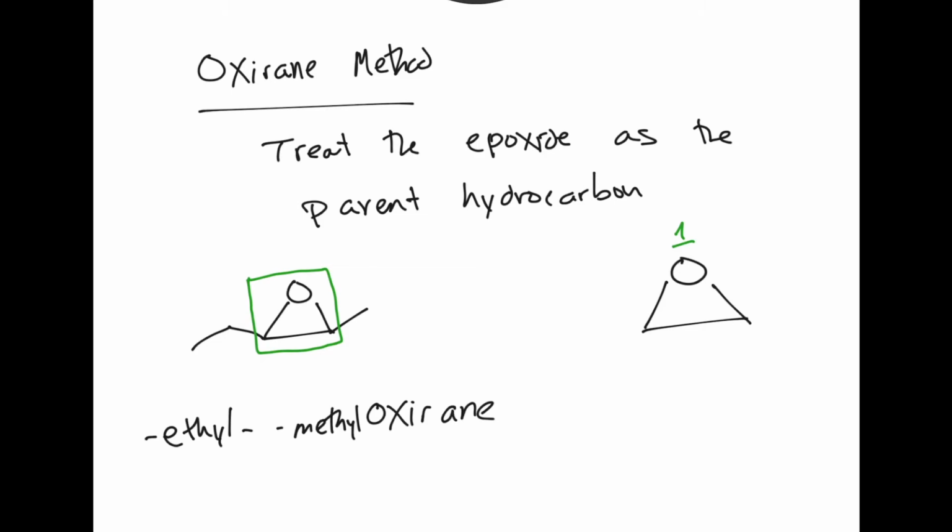So now it doesn't matter which carbon's 2, which carbon's 3. You do that based on the numbering rules you would have for a regular ring. So here, either way I number, it's going to be 2, 3, or 2, 3. So I'm going to want to put the ethyl group as being 2, since it comes first alphabetically. So this will be 2-ethyl-3-methyloxirane.